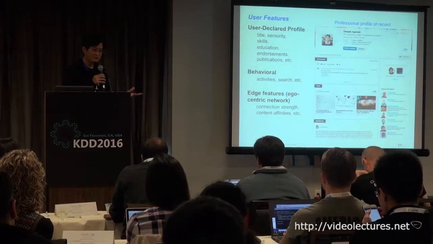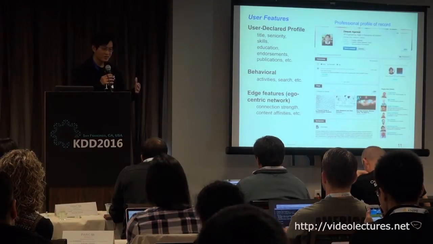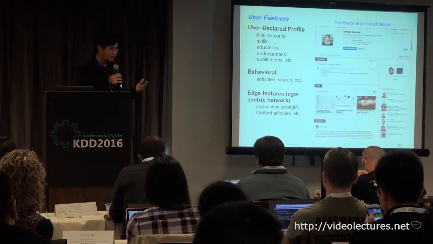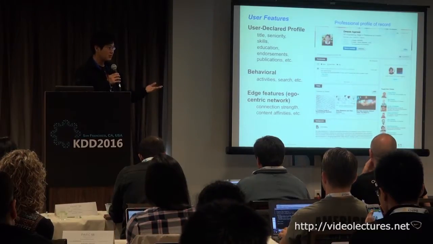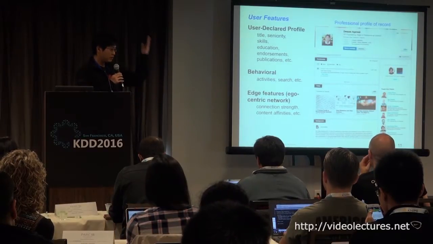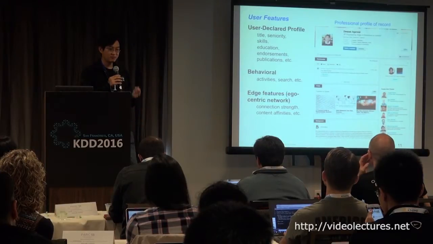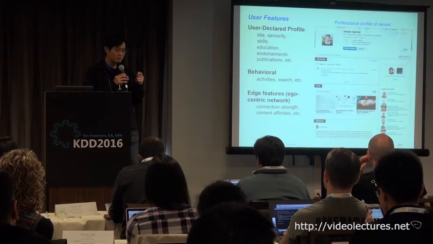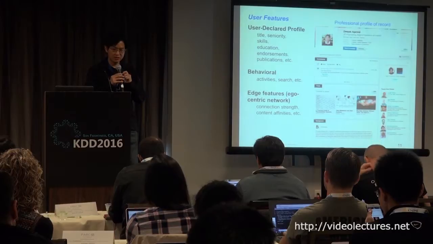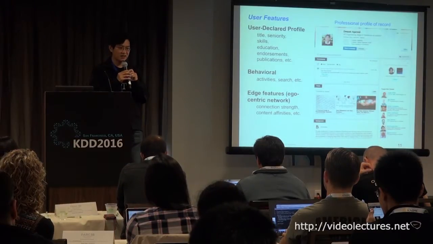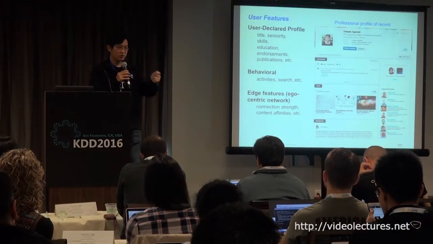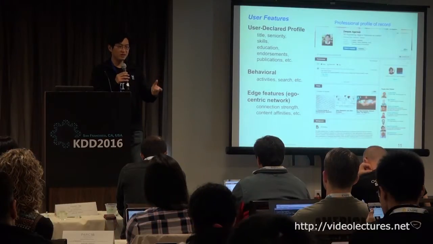In addition to that, users are also connected to other entities. For example, a user connects to other users. In the case of ranking updates in the feed, it is very important to know whether the user who received the recommendation is tightly connected to the sharer, who is the user who shared a particular update.